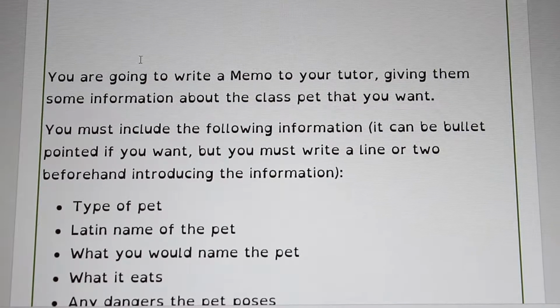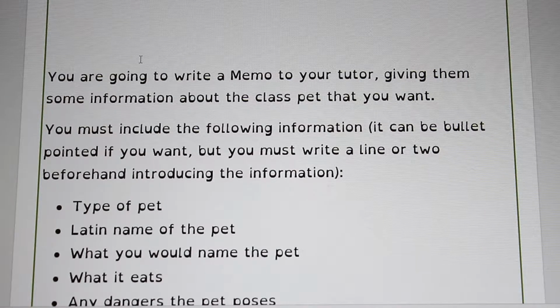Alright, let's say we've been told by our boss that we need to stop referring to the tutor in a document, and we need to call the tutor bestie, okay?